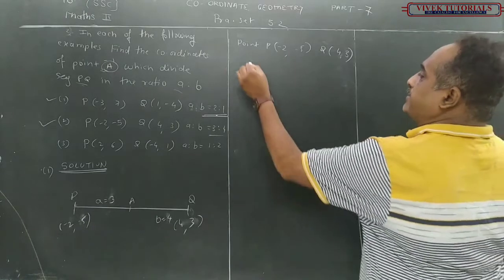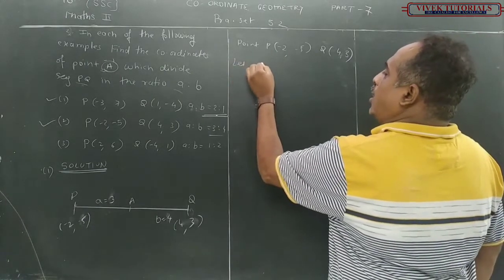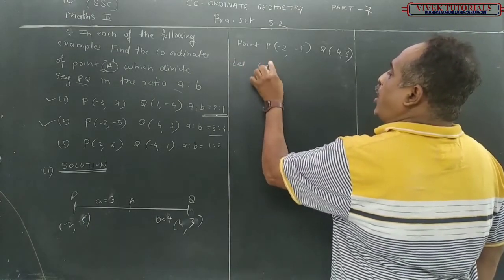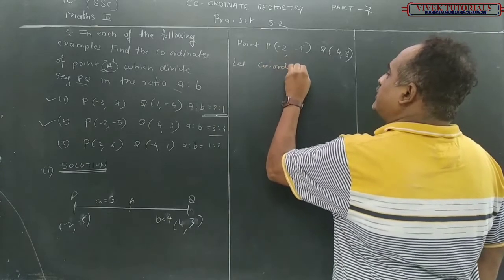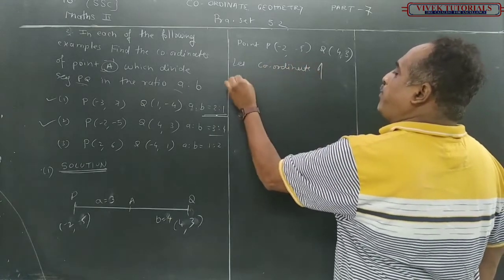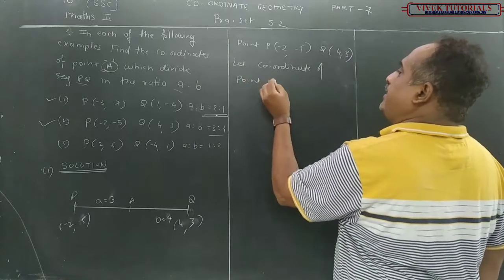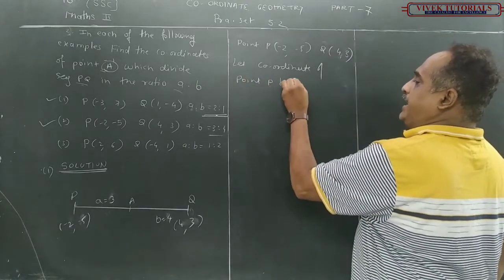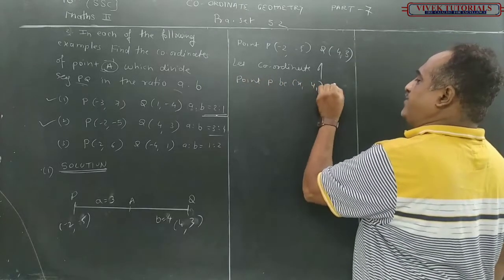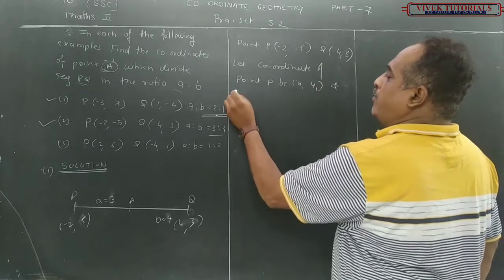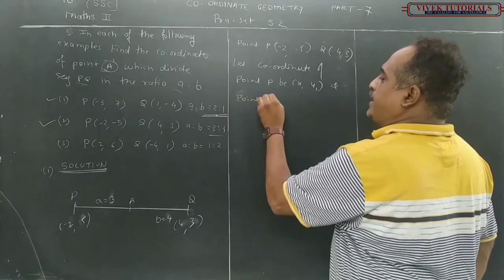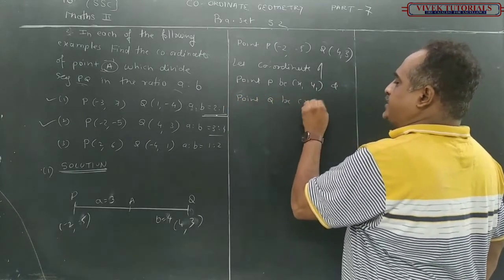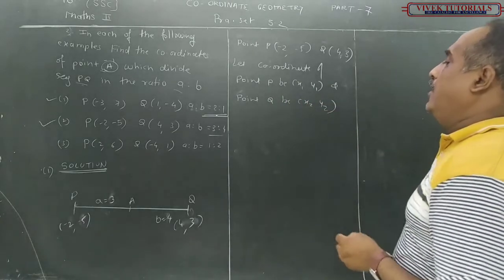Now let coordinate of point P be x1, y1 and point Q be x2, y2.